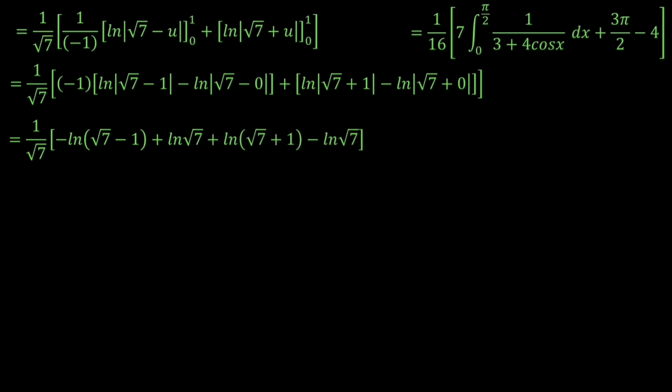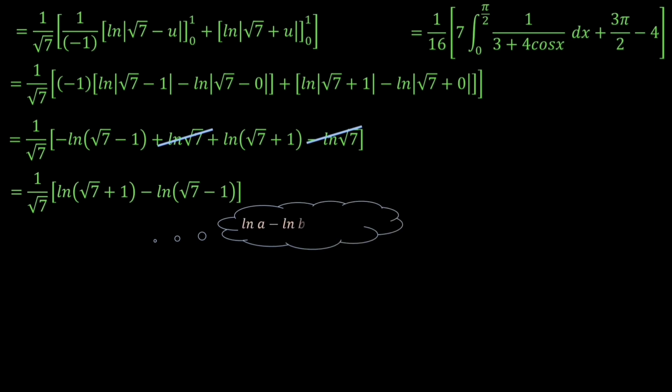After that, we can cancel out the positive and negative ln root 7. ln (root 7 plus 1) minus ln (root 7 minus 1) is just like ln a minus ln b. So we can write ln a minus ln b as ln a over b. In this case, ln (root 7 plus 1) over (root 7 minus 1).